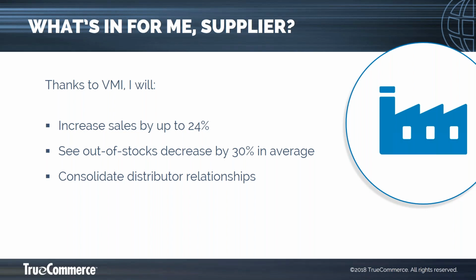And I will most importantly consolidate the distributor relationships. It is easier to work on long-term plans and onboard your distributors or retailers in your strategy when you deliver better service to them. And that's very much what vendor managed inventory is about. Enhance the customer service level so that you can both align on the same targets and reach them.